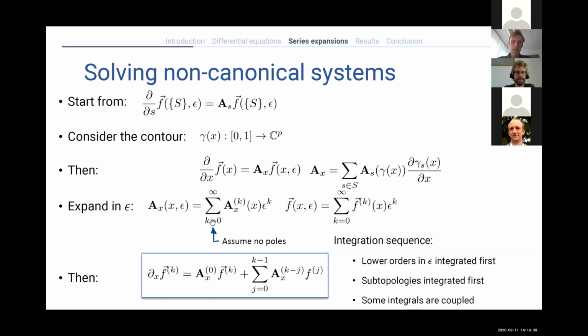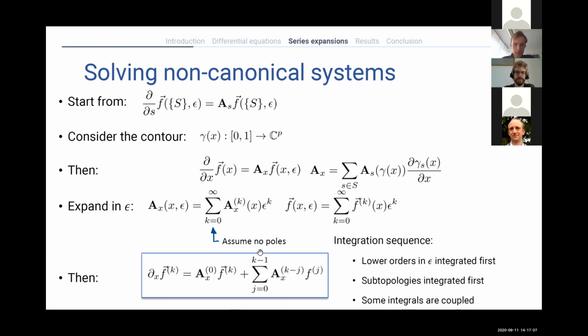So this requires a slight bit of manual work, but as far as I know, this is always possible. Then we also assume that the expansion of our master integral starts at finite order, but that's of course not a very deep condition, because you can always redefine your master integrals by including some overall power of epsilon to make it finite.